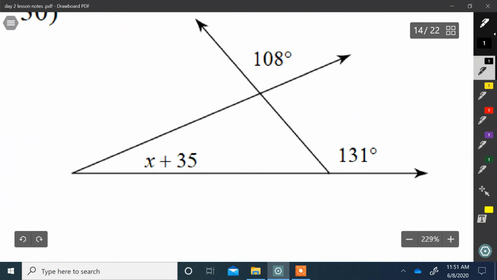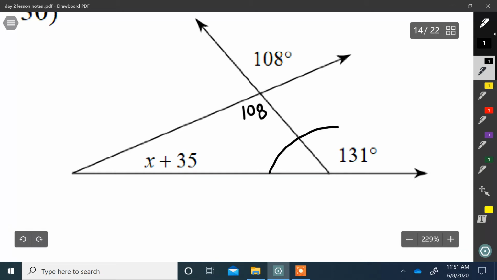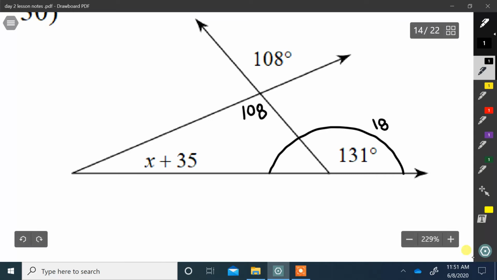So in here, these are what we call multi-step problems. You have to use everything that we have learned so far and apply it to one problem. One thing you're going to apply in here is that vertical angles are congruent. So those are congruent to each other. Now, how do we get this right here? We know that all of that is 180.